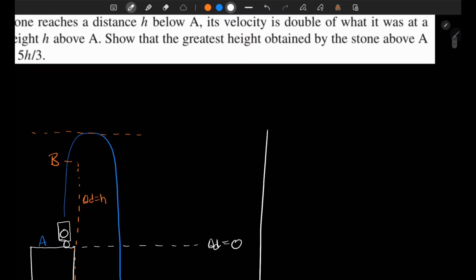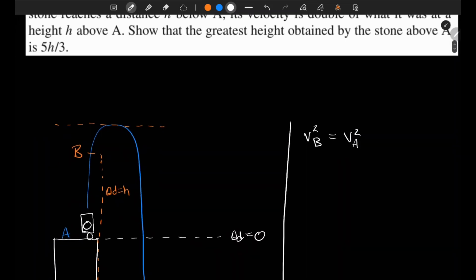So, to proceed, we notice that at point B, the velocity at point B squared is going to be equal to the initial velocity, which is just the velocity at point A squared, right? Because there's some initial velocity here. So v naught is equal to vA.